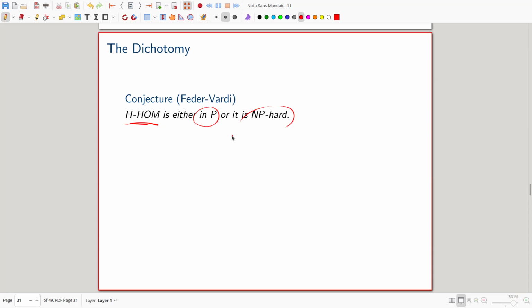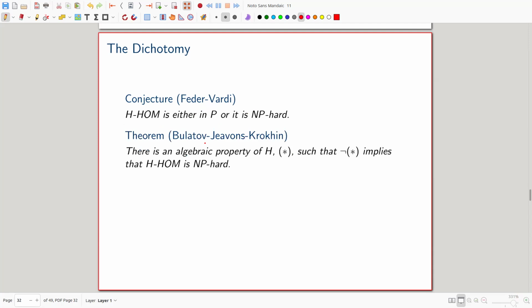So, all right. And then Bulatov, Jeavons, and Krokhin isolated some property, which I will call star, for which I will say something later on, which is an algebraic property of the structure H, such that if this fails, then the homomorphism problem is NP hard.